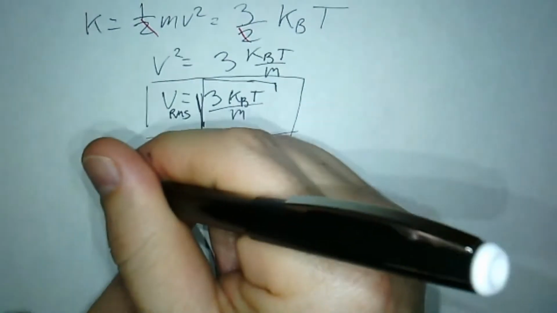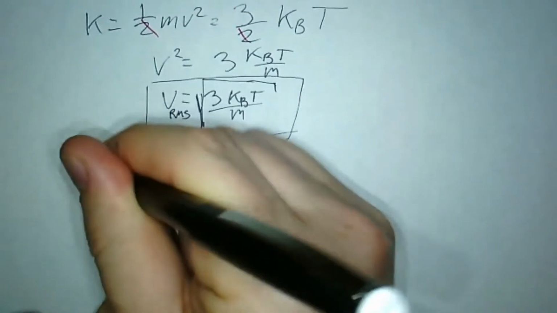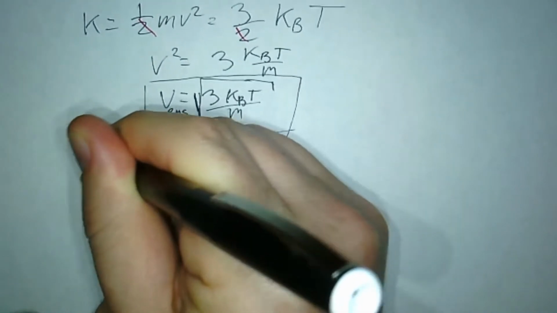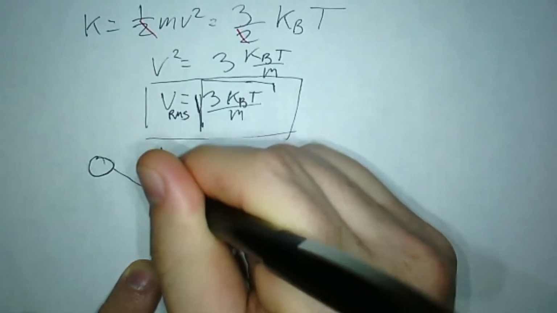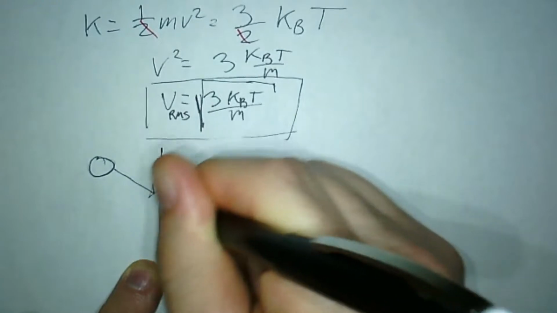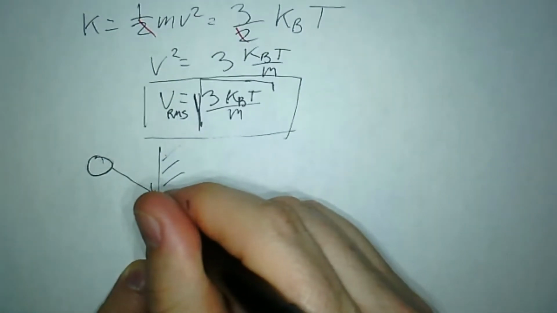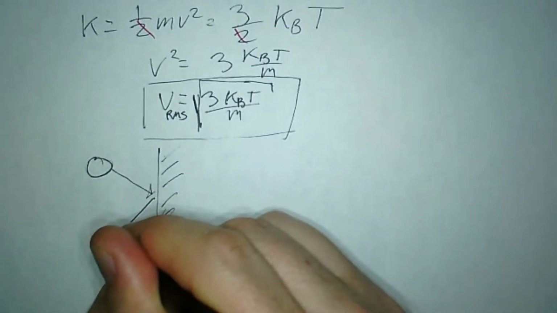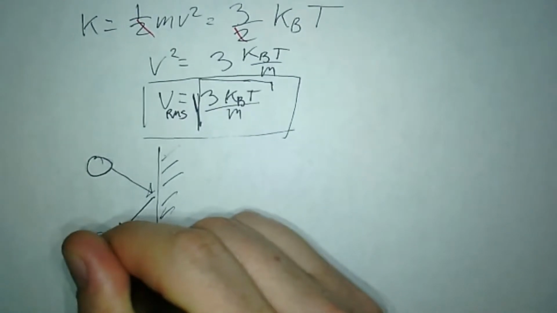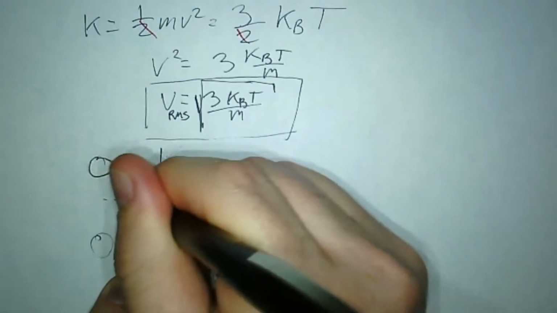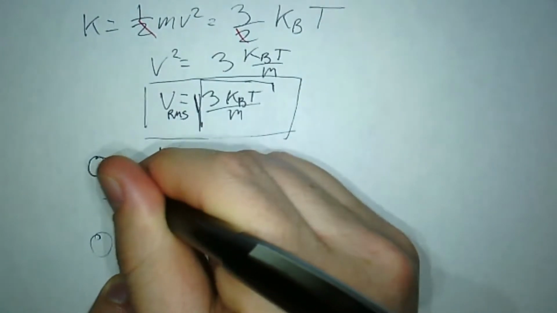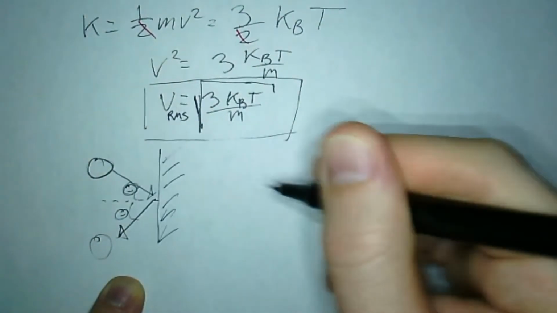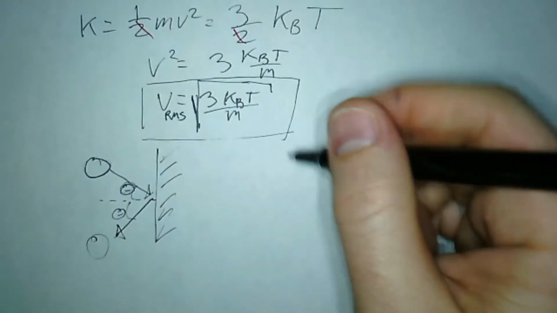You've got a ball coming towards a wall, and it's going to bounce off like that at angle theta. It's a momentum problem. This is also going to be angle theta because of the law of reflection.